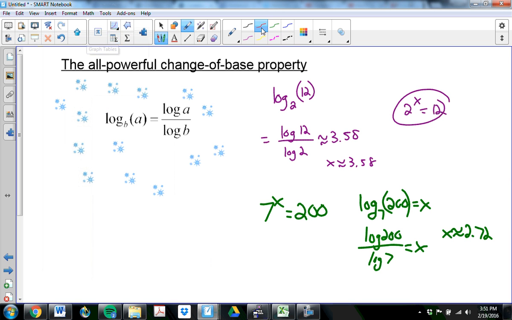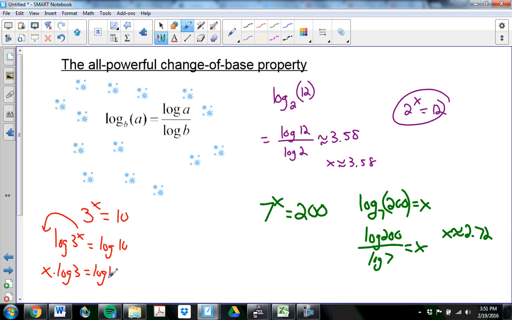And it really comes from a property we learned earlier. If you have, like, 3 to the x equals 10, well, I can take a log of both sides and pull the x out in front with that property of logs. And divide both sides by log 3.